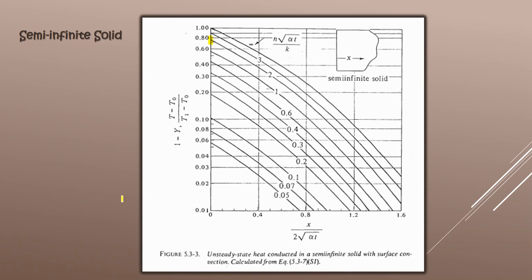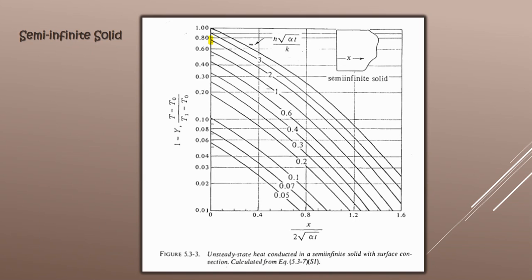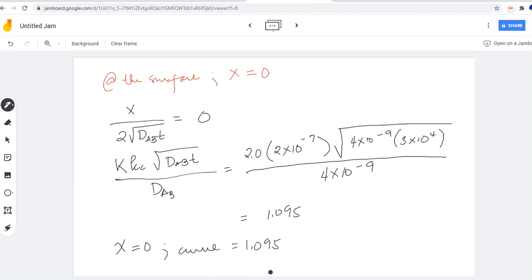So it really depends on the way you take it from the graph. Let's say we're going to use the value of 0.72. I like to use that one. So we'll have here a 1 minus y of 0.72.